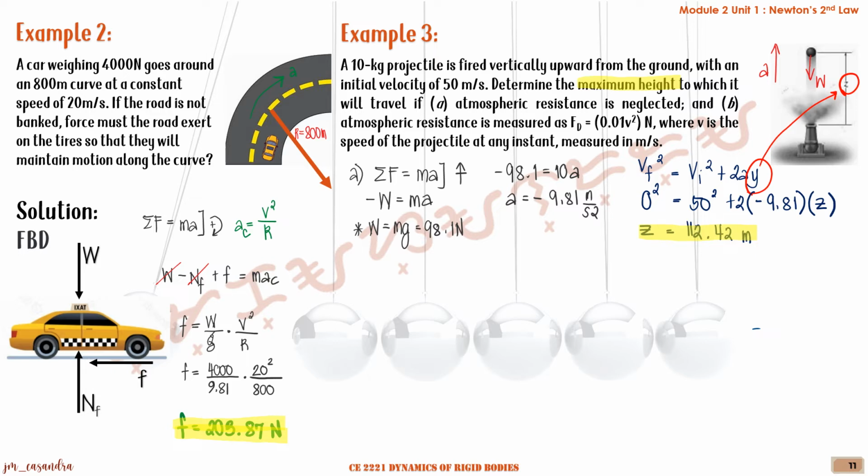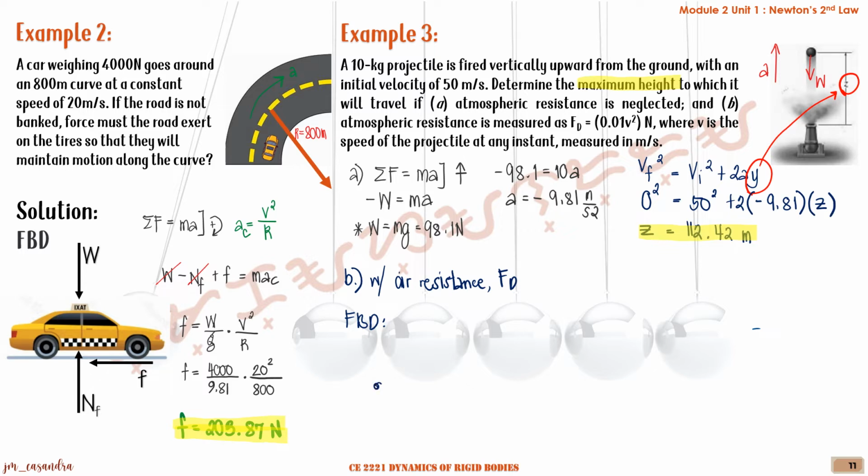Okay, so we move on to the next problem or next situation. B, we now have air resistance, which is denoted by F sub D. So for our solution, again, we first draw our FBD.